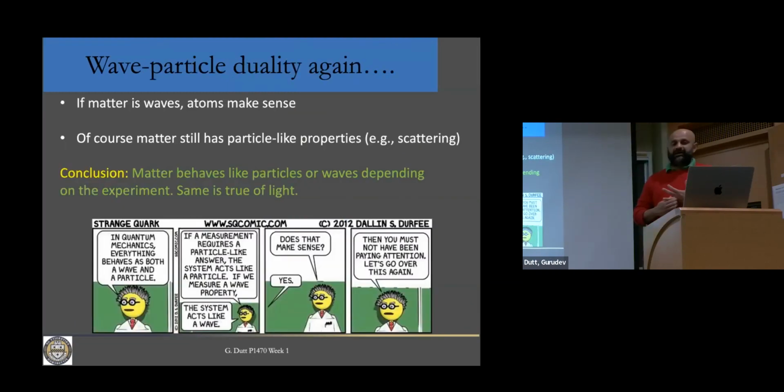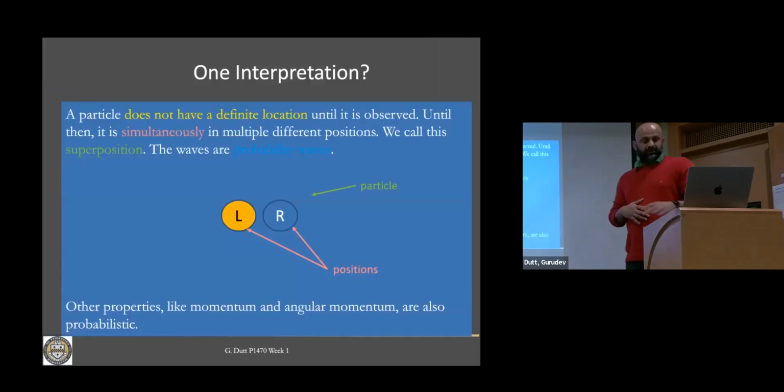And so again, we have this problem that matter behaves like particles or waves, depending on the experiment. But even more amazingly, it seems to depend on that even after, say, you make the choice whether to observe the particle or wave nature of that object. And that is, of course, a sort of central mystery of quantum mechanics.